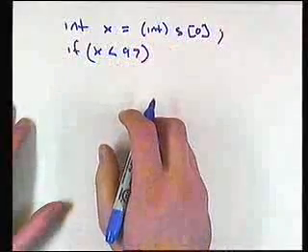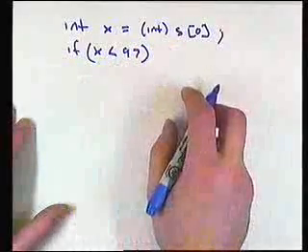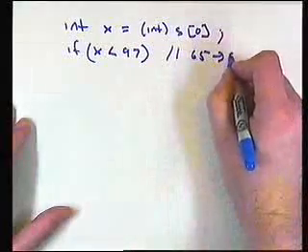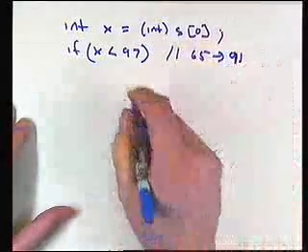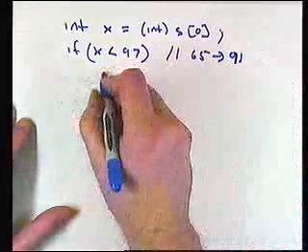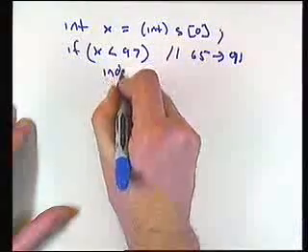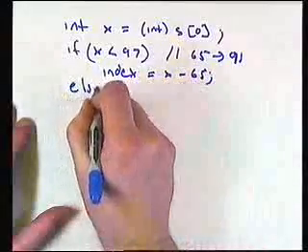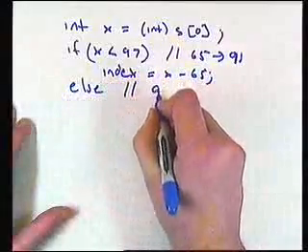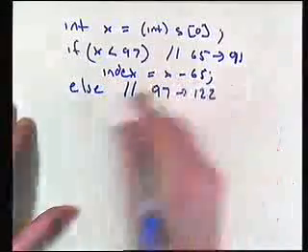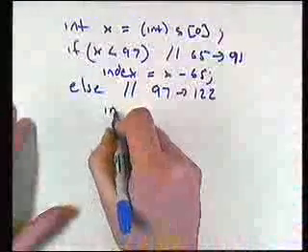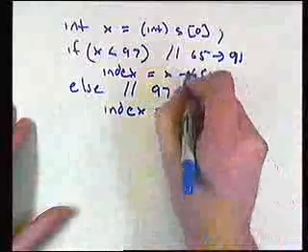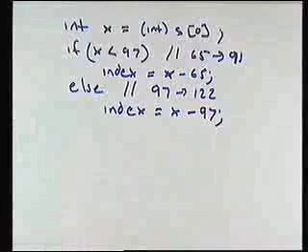If you assume you're dealing with capital or small letters, if x is less than 97, then you know it's in the range 65 to 91, or whatever the range of capital letters has to be, and then you could say some sort of index equals x minus 65. And then you could say otherwise, and the assumption there is that you're in the range 97 to 122, or whatever the range of the small letters is, and then you say index equals x minus 97. So you can do something like that as well.